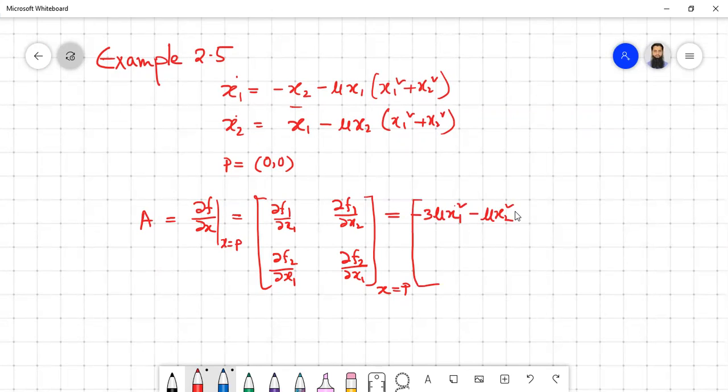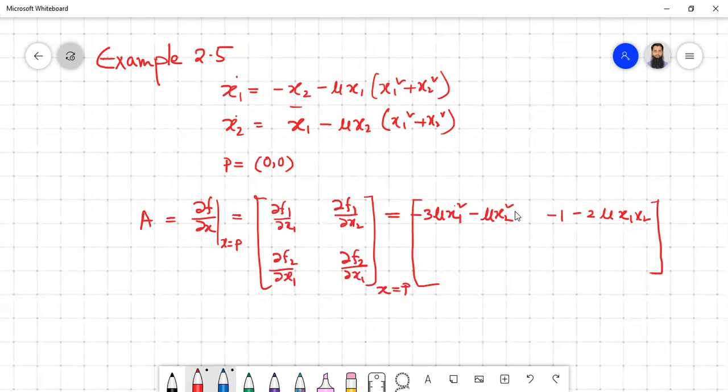Okay, and then again if we differentiate the first function with respect to x2, then we have minus 1, and x2 if we differentiate, then it will be 2x2. So basically minus 2 mu x1 x2.